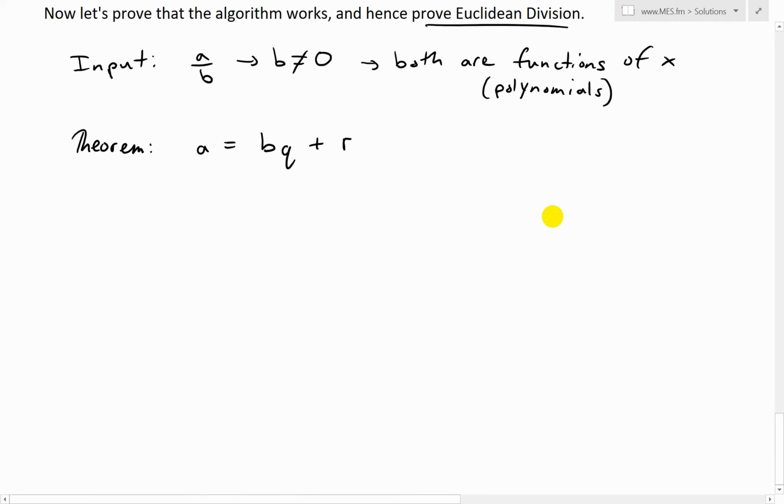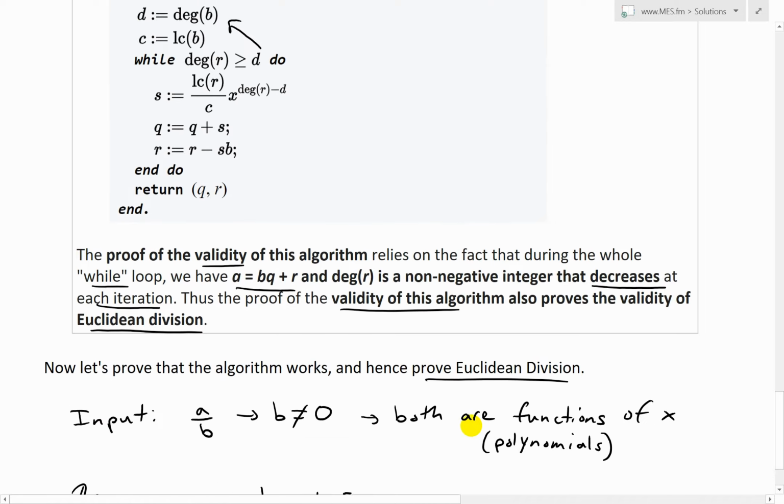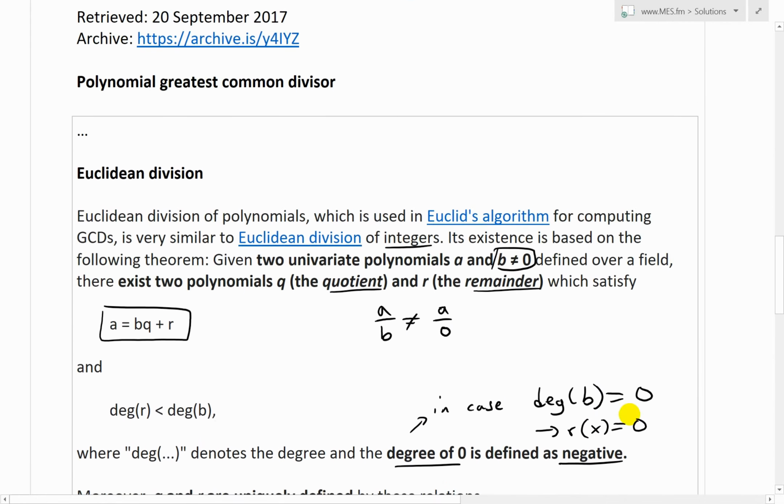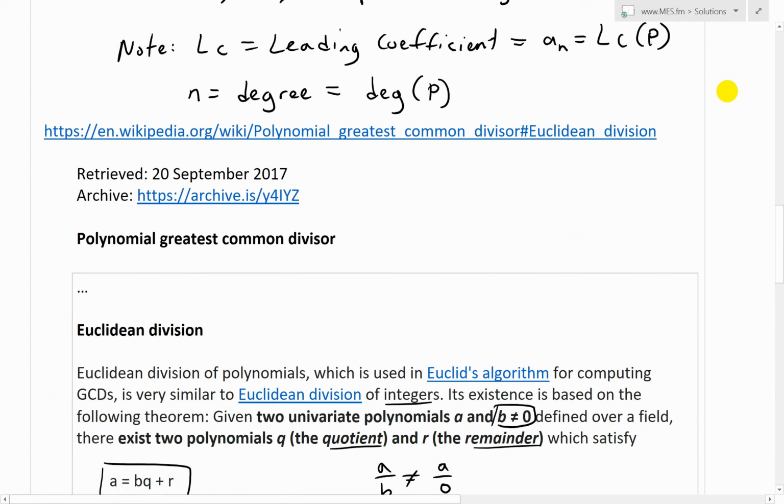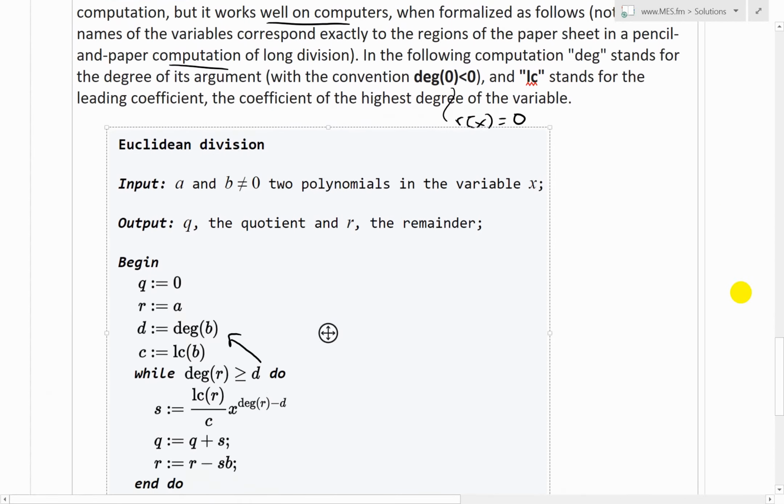Where each of these are polynomials, I'll use the leading coefficient method. Going back to the form of the polynomial, I'm going to write the leading coefficient in front, and the other terms don't matter much, and I'll explain why.